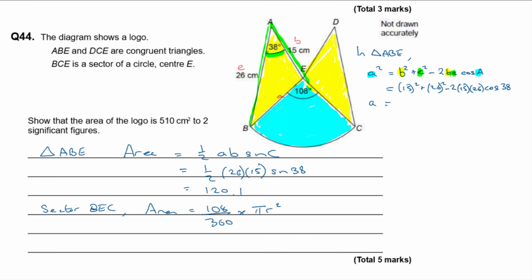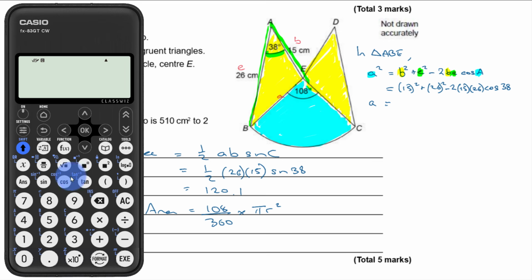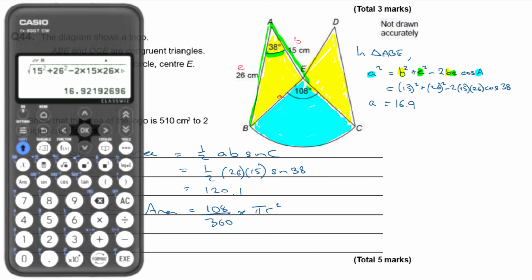So root of 15 squared plus 26 squared minus 2 times 15 times 26 times the cos of 38. Close bracket. Boom, what's that then? That's 16.9 to one decimal place. So A is 16.9. So that's going to be my radius, isn't it?